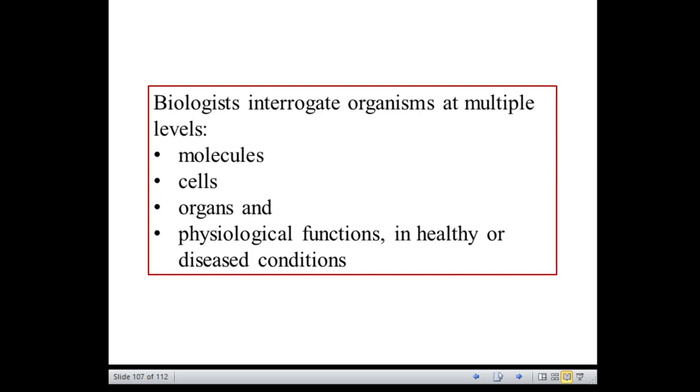Number one, at the level of molecules. Number two, cells. Number three, organs. Number four, physiological functions, both in healthy and diseased conditions.